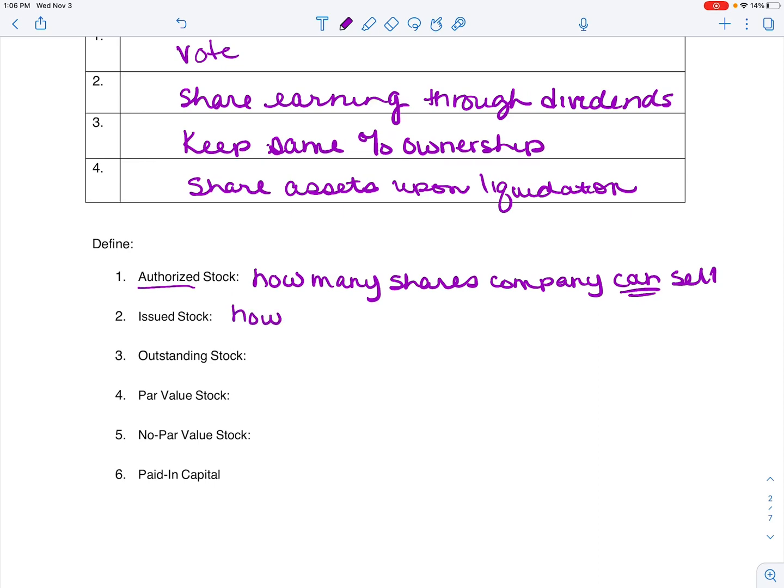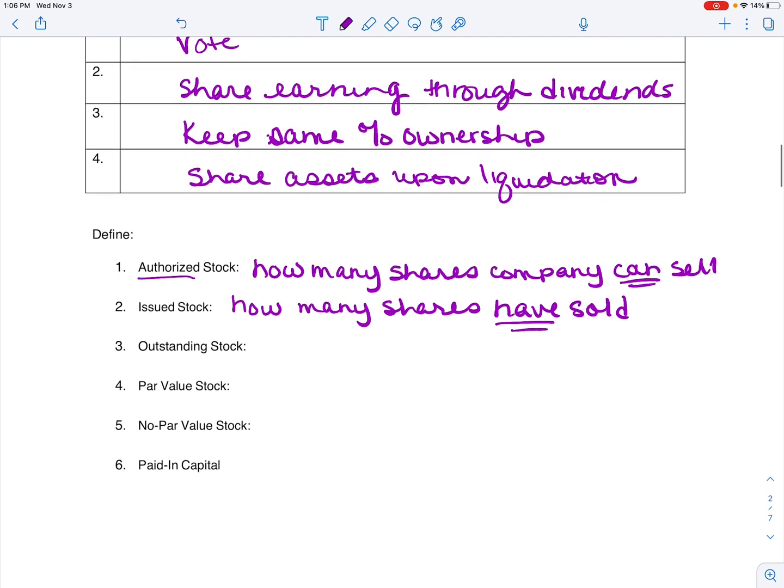Issued stock is how many shares have sold. So how many can they sell versus how many have they sold.